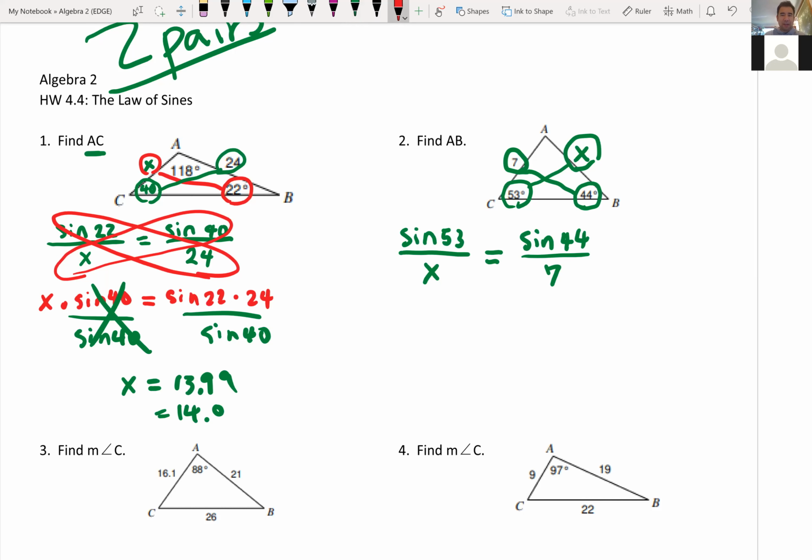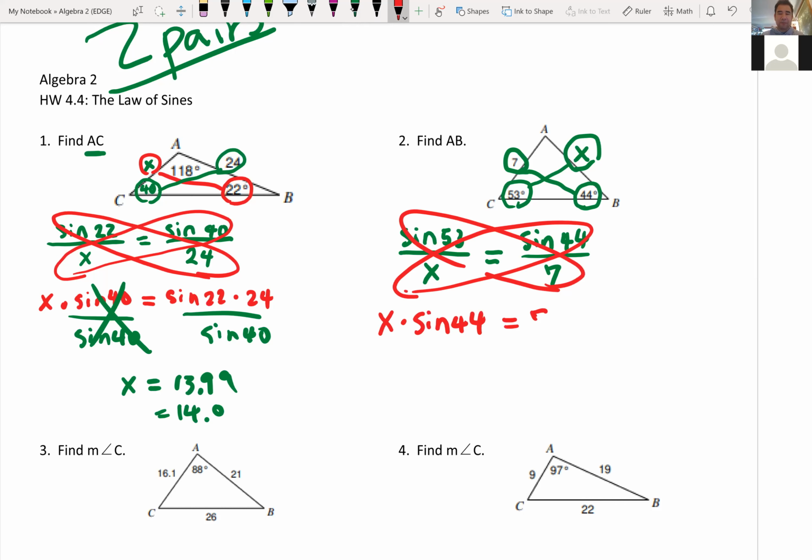Now we cross multiply. x times sine of 44, or you can say sine of 44 times x, equals 7 times sine of 53. Since you're solving for x, we need to get rid of sine of 44 so that you can have x equals.